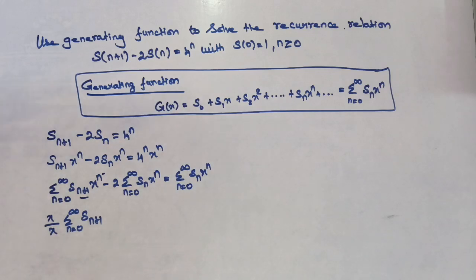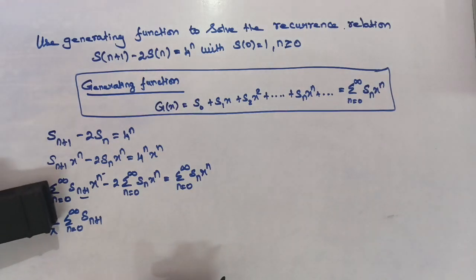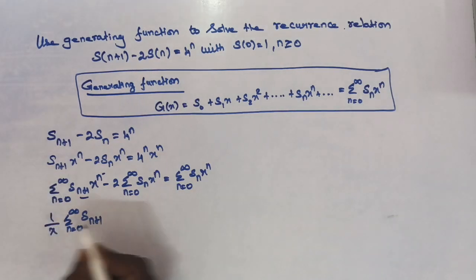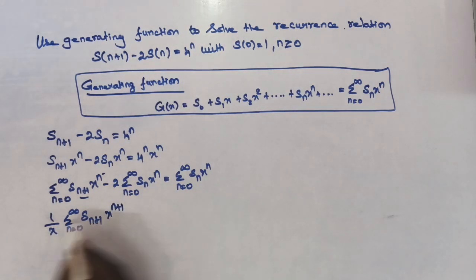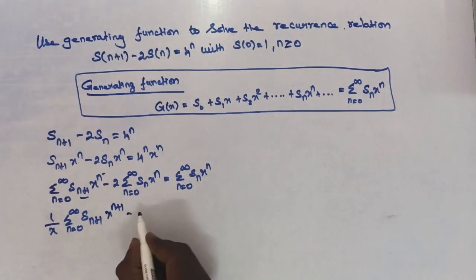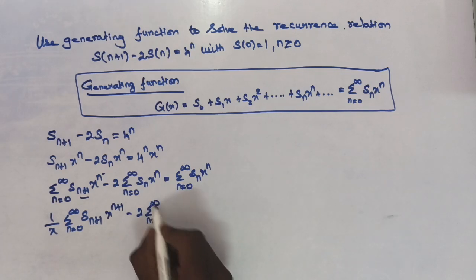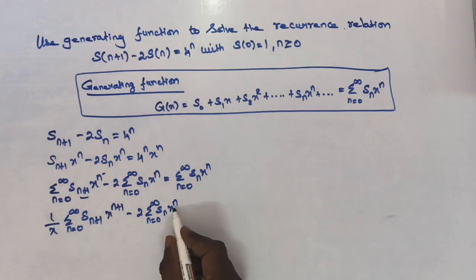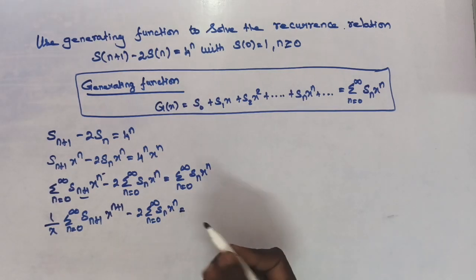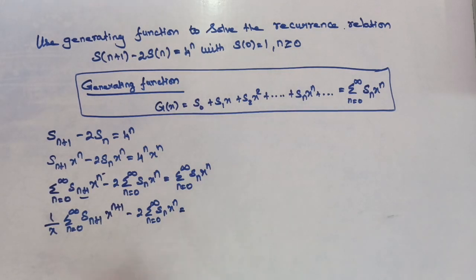So this is going to be 1 over x, with x power n plus 1 inside the summation, minus 2 summation of n equal to 0 to infinity sn x power n. Here there is no problem, the suffix and the power are both the same, so you can keep it.